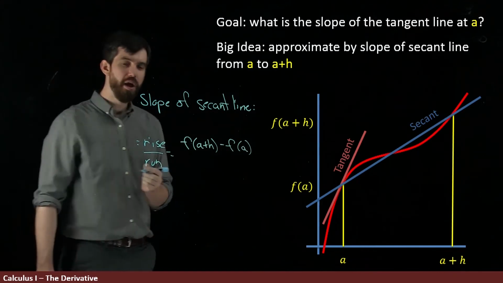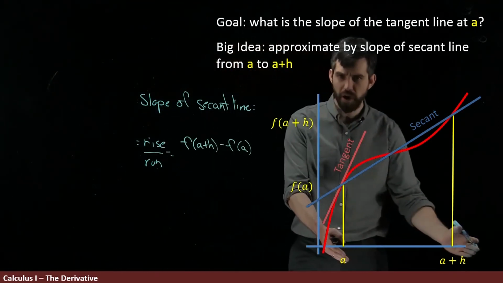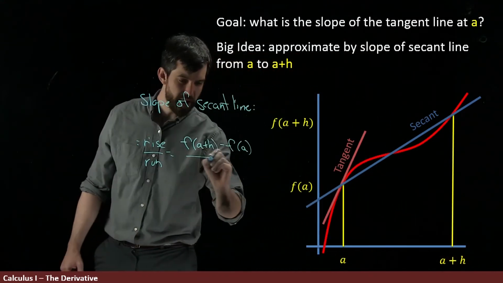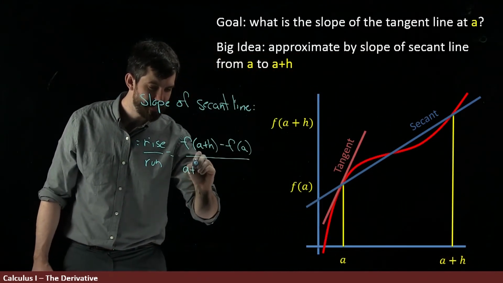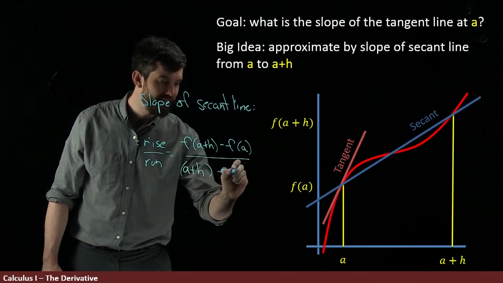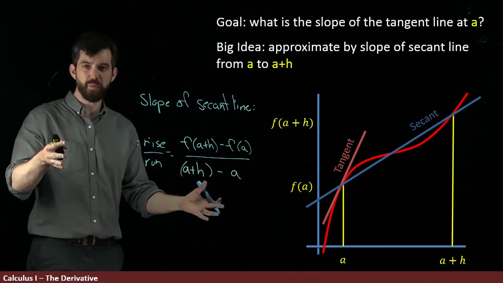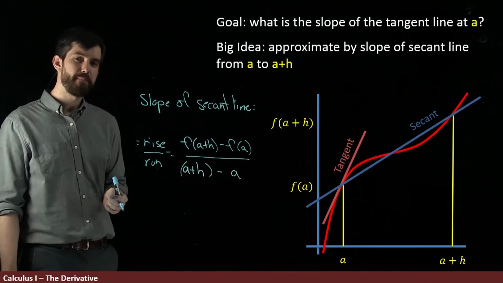Okay, what about my run? Well, now I'm looking down here horizontally, so my run is A plus H minus the value of A. So that is my claim for the slope of the secant line.